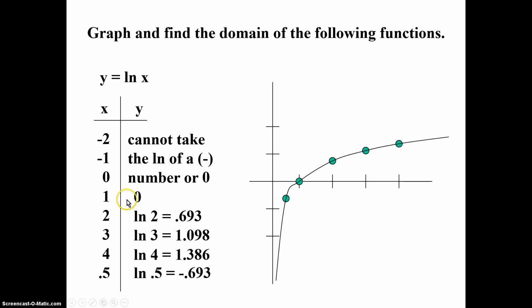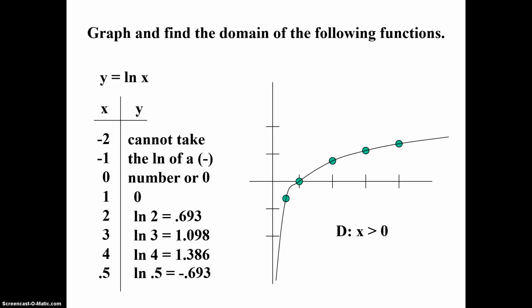So where x is greater than or equal to 1, or if we want to restate it in a different way, our domain is x is greater than 0. So our domain for the natural log of x is that x is greater than 0.